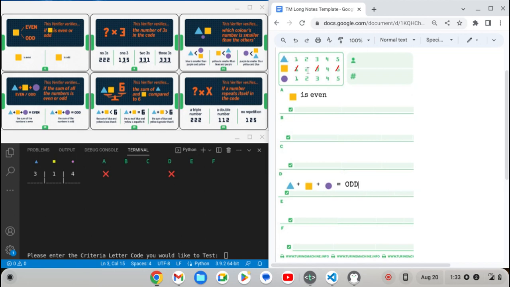But in order to remain an overall sum of odd, that means I have to add an even to it. So that means that I'm actually looking at a solution that has two evens and a single odd. So let's go ahead and see.